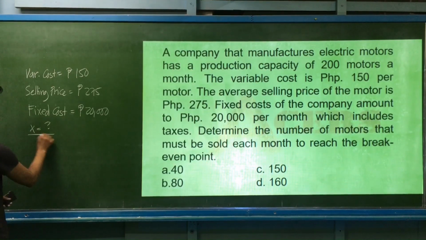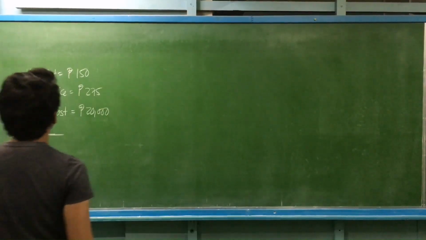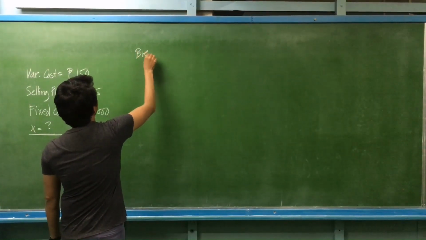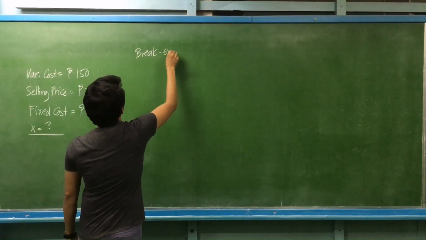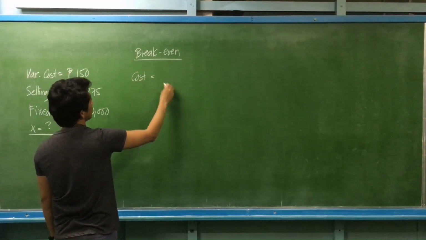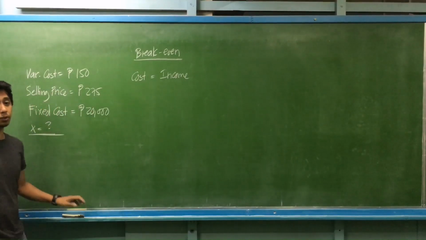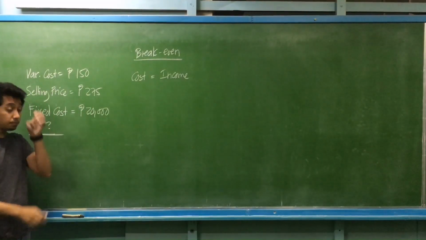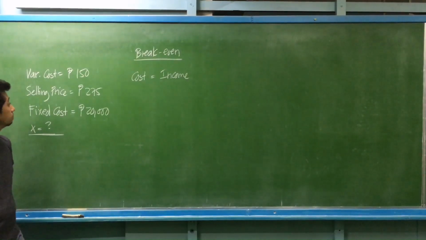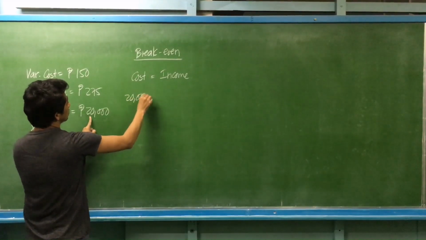Let's say the number of motors will be X to reach break-even point. So pag sinabi natin na break-even, so dapat lang yung cost is basically equal to income. So all you have to do is separate the expenses and income. For break-even, dapat equal lang yung dalawang value na yan. So ano yung mga gastos? That is, first we have 20,000 plus.